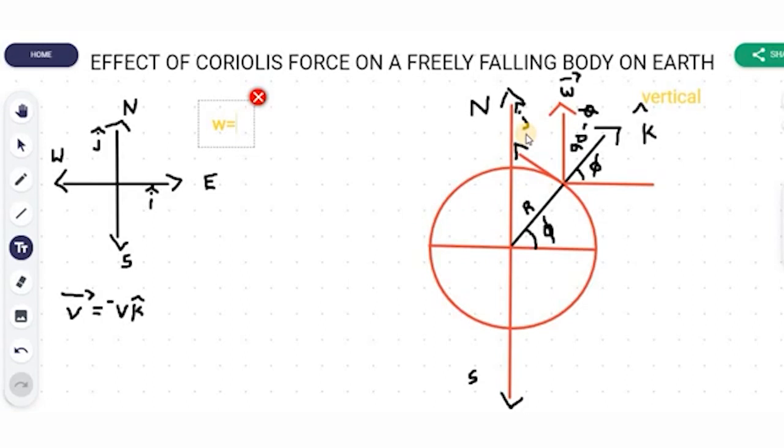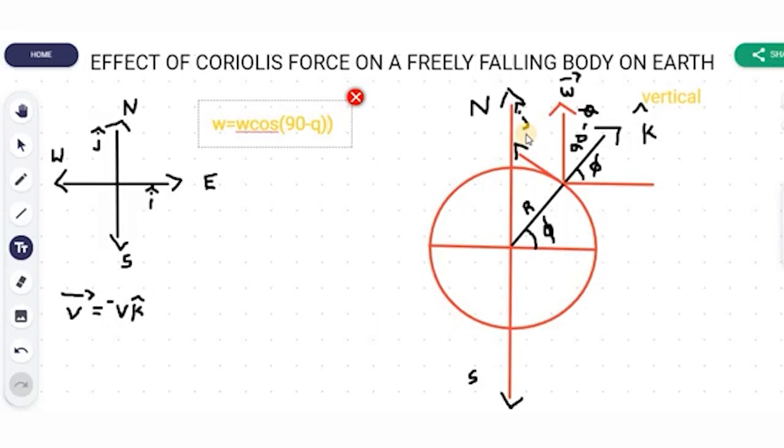That is, omega is equal to omega cos 90 minus phi, I cannot use phi here, so I just put it as q. Instead of phi, I'm putting it as q.